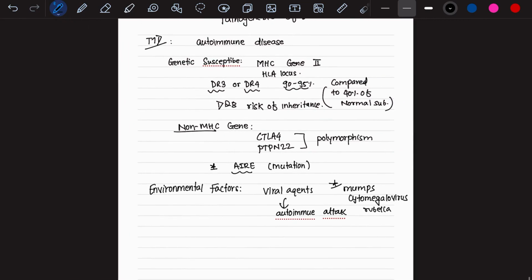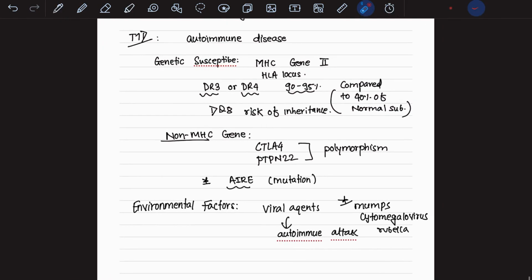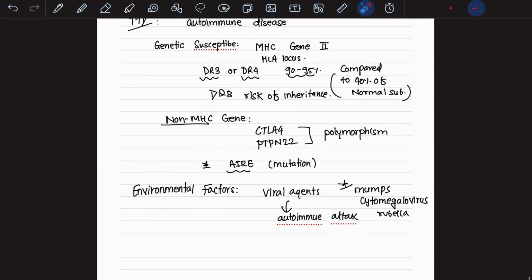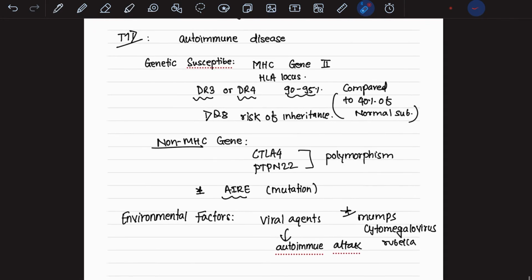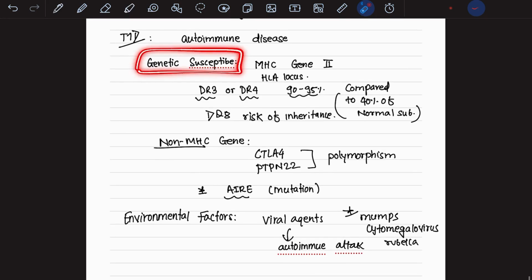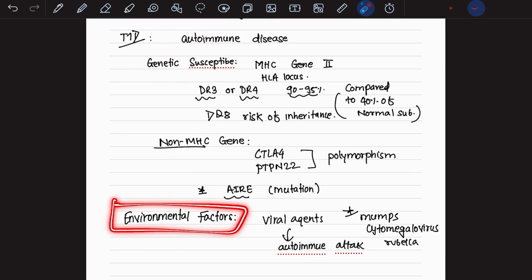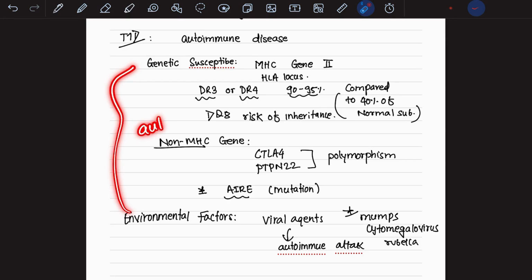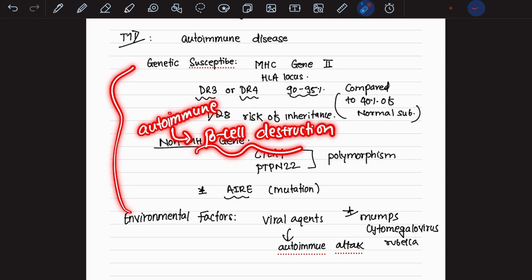So to summarize the pathogenesis causing type 1 diabetes, genetic susceptibility and environmental factors make a favorable environment so that the autoimmune process gets activated, which will ultimately lead to beta cell destruction, and thus an absolute deficiency of insulin.